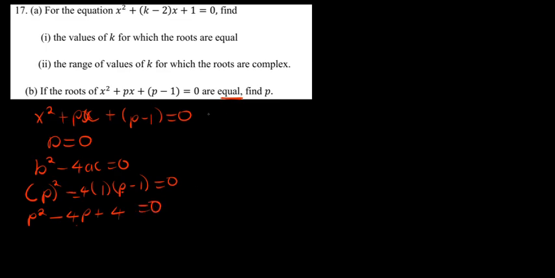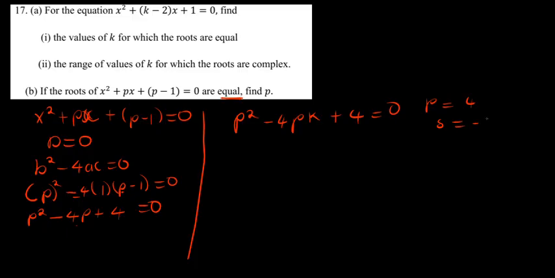So you have that. Now, since you have that, we are calculating the value of what? P. So it will be product, sum, factor. So what's the product in short? It will be positive 4. What's the sum? Negative 4.